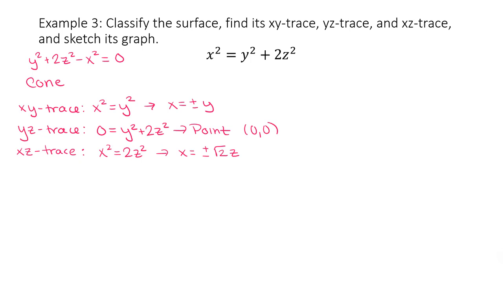And then my XZ trace, what happens when I plug in 0 for y? I end up with x squared equals 2z squared. Take the square root, I get x equals plus or minus root 2 z. So in the XZ plane, this object also looks like two intersecting lines.